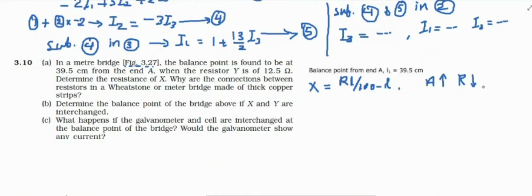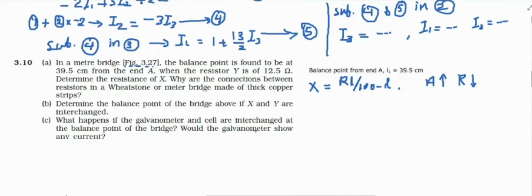Actually, we are observing the balancing of resistance there. So the resistance of the connections should not affect our resistance measurement. That is why we use a thick copper strip having large area and less resistance.